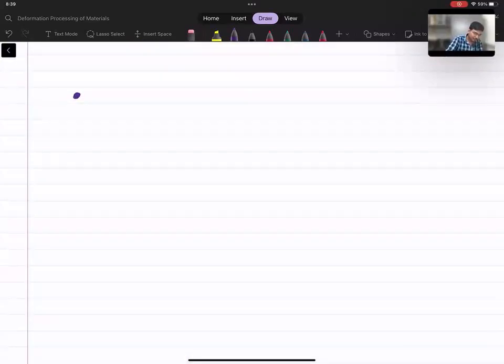So this is the vertical direction. Suppose this was the loading direction. So this angle was alpha. Since this is alpha, this angle becomes 90 minus alpha. 90 minus alpha.